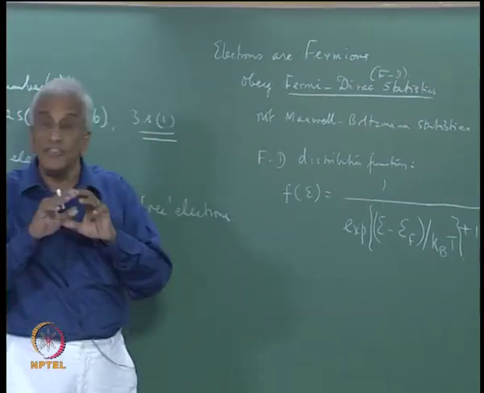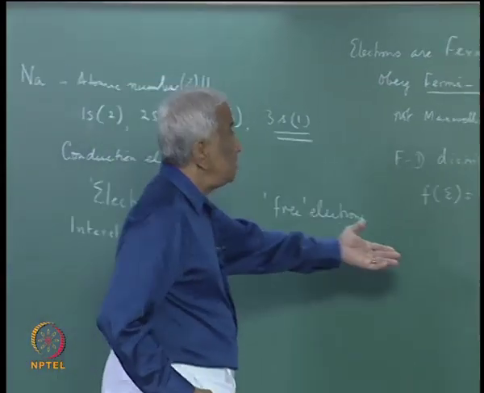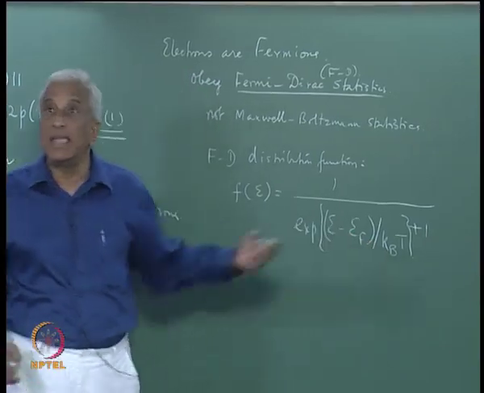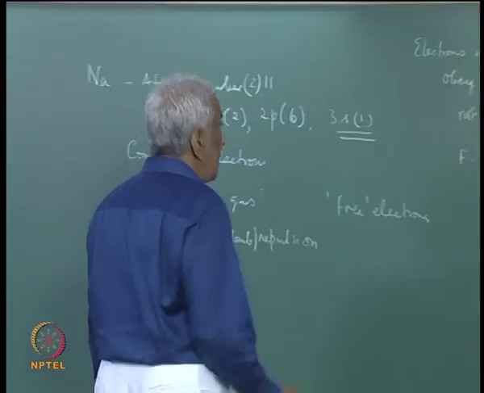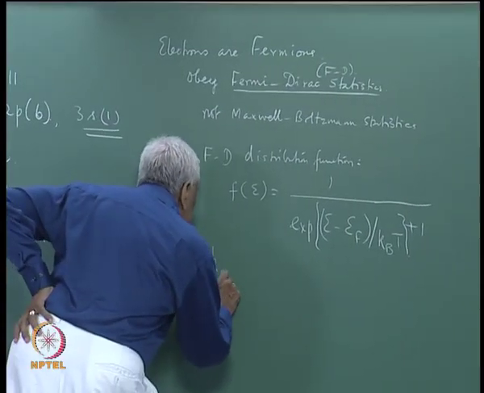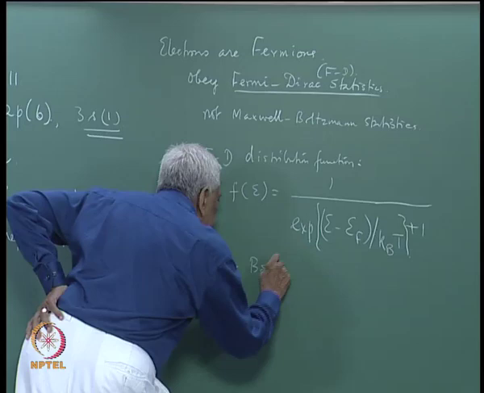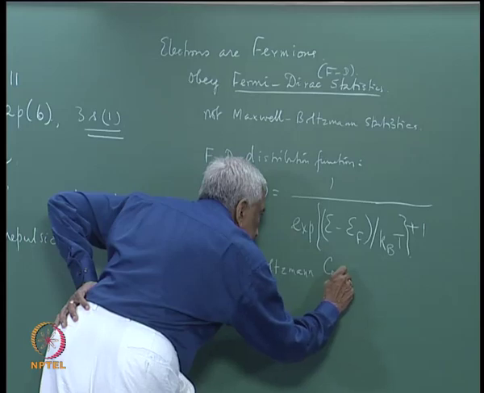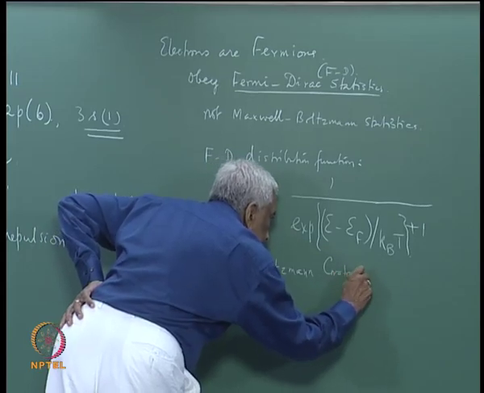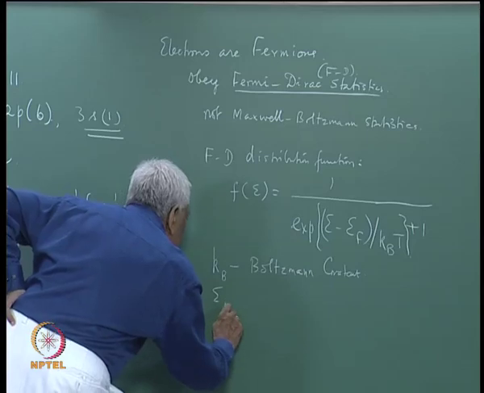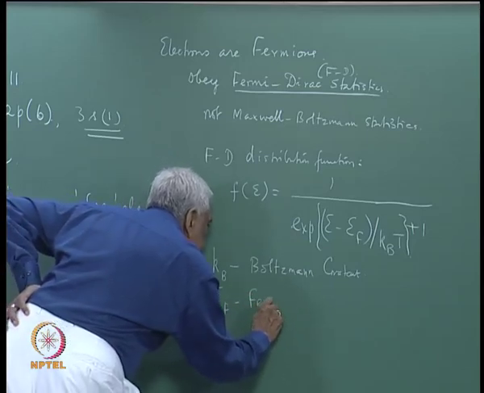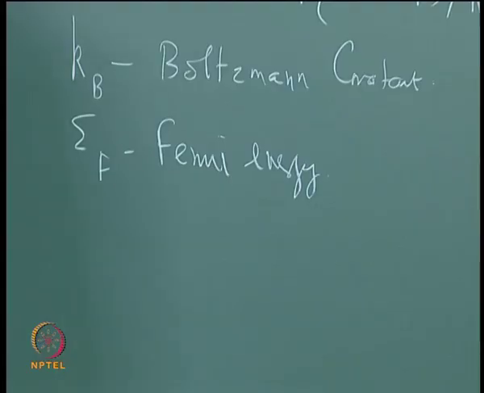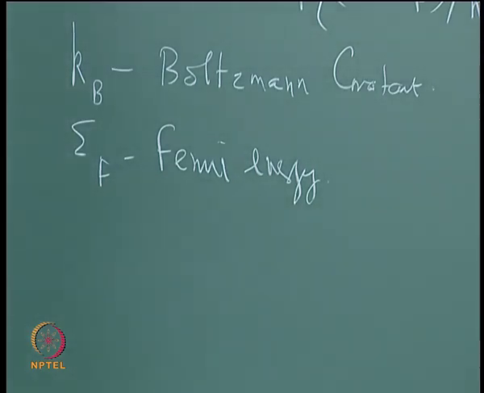The way they are distributed in energy is given by this function, 1 by exponential of (E minus E_F) by k_B T, plus 1, where k_B is the Boltzmann constant and E_F is known as the Fermi energy. k_B is a universal constant, as you know, and the Fermi energy is a characteristic of the metal.